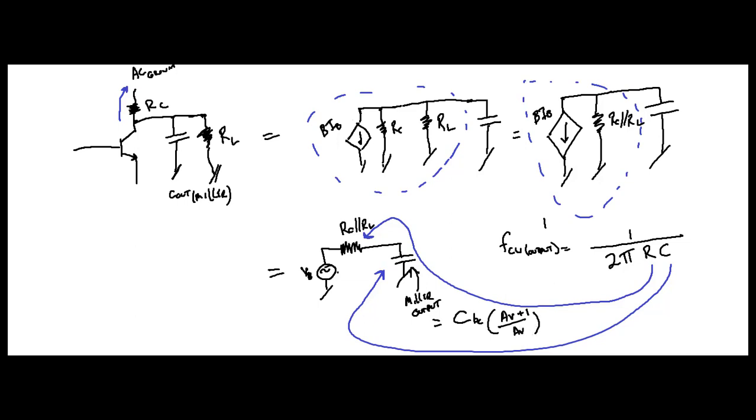So it's gain dependent. At high gains, it's pretty much equal to 1. But there you go. That is your equation for your output critical frequency, all right?